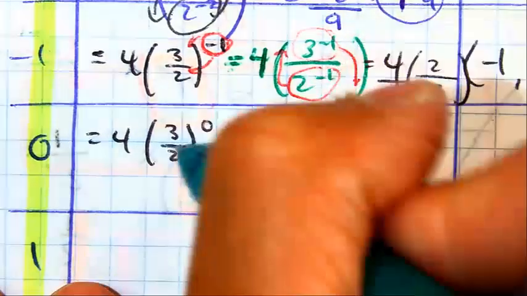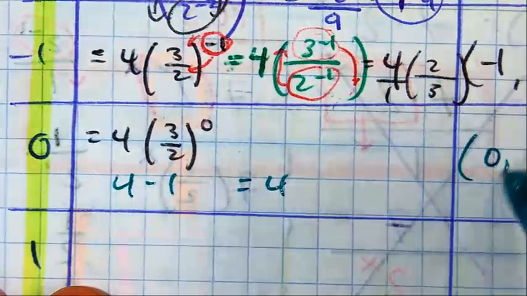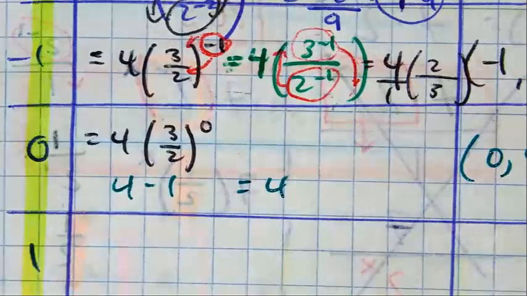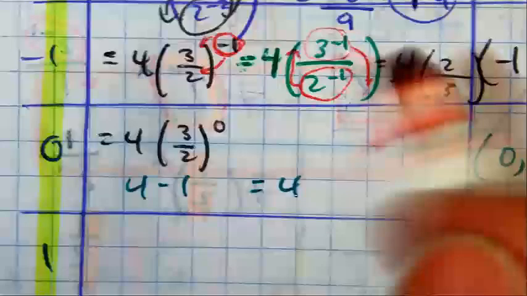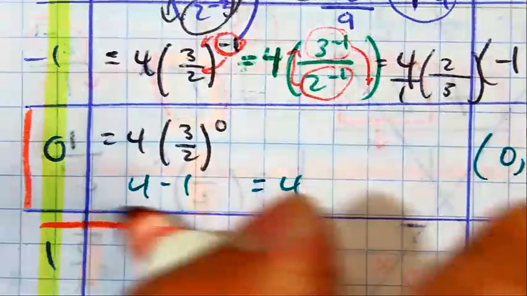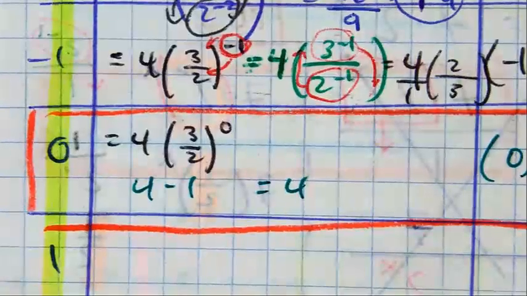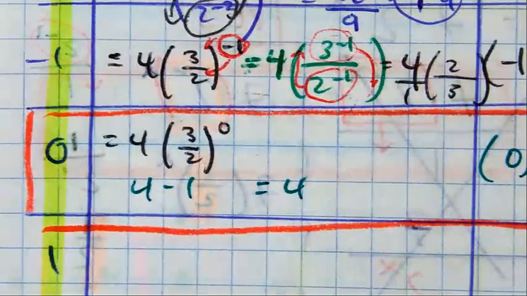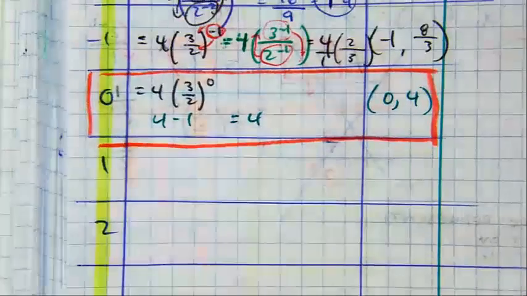So 4 times 1 just gives us 4. And I'm going to highlight this one in red. Class, what does 0, 4 represent when we graph this? Yeah, that is the most important ordered pair for exponentials, because it gives you an idea where it crosses the y-axis.